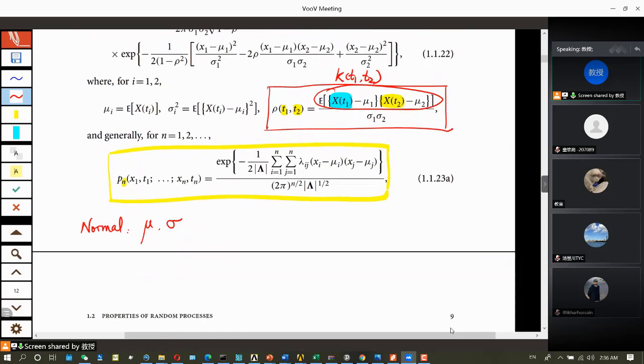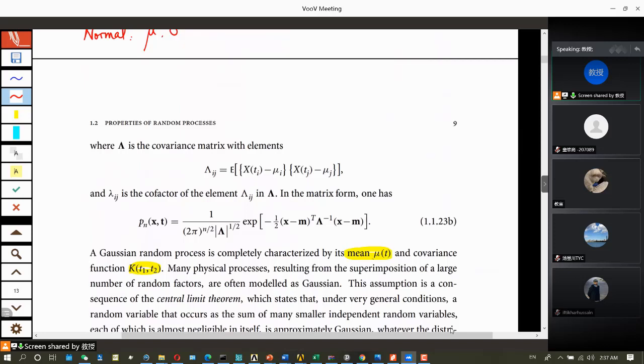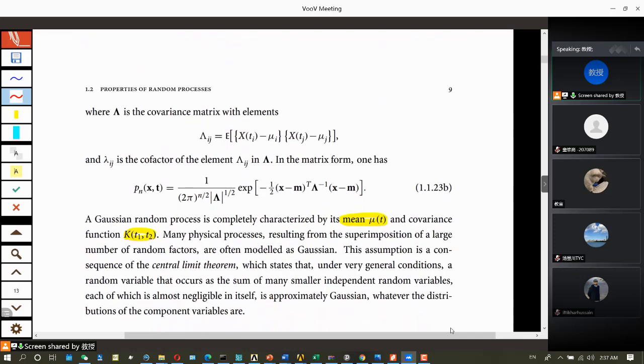This is true for a Gaussian process. We need to know the mean value and the covariance function. This is very important because many physical processes resulting from superimposition of a large number of random factors are often modeled as Gaussian.